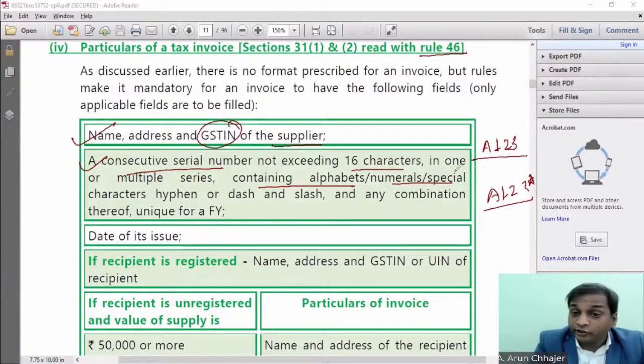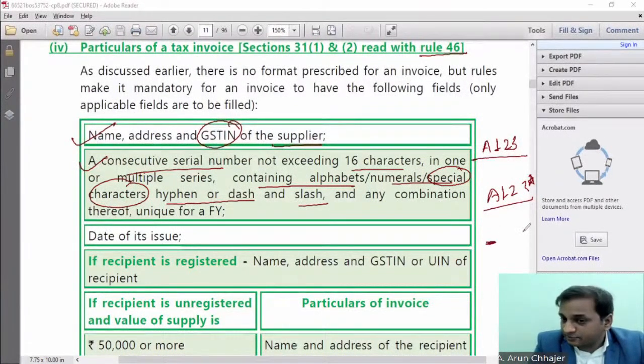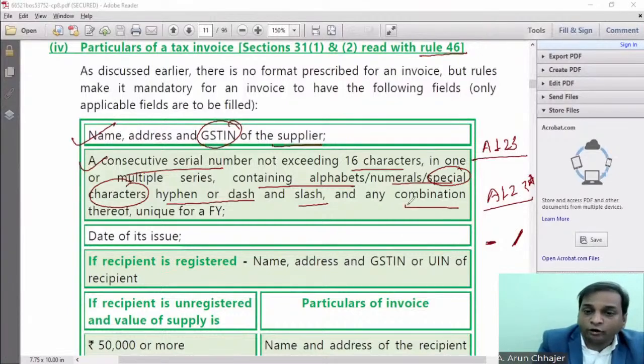Why not okay? You can add a special character, but please note only two special characters are allowed: hyphen or dash, and slash. Any combination thereof is allowed. So you can keep it completely alphabetic, completely numerical, completely special characters, or any combination thereof.